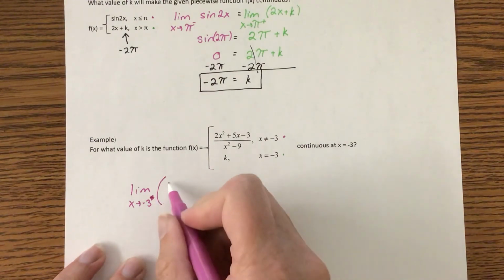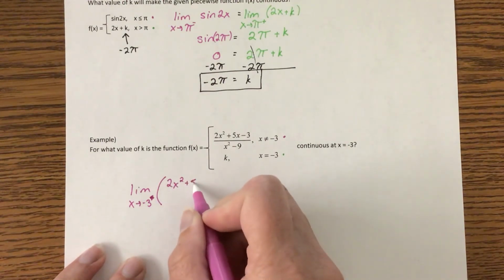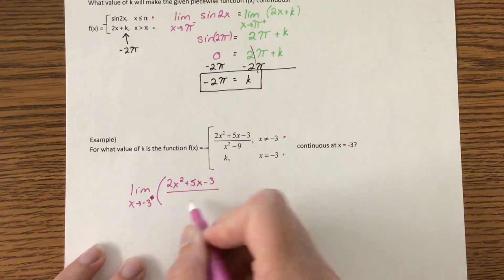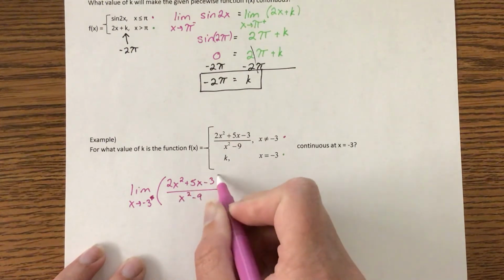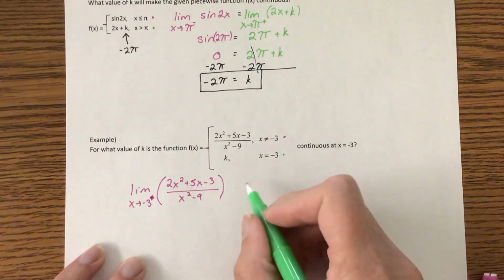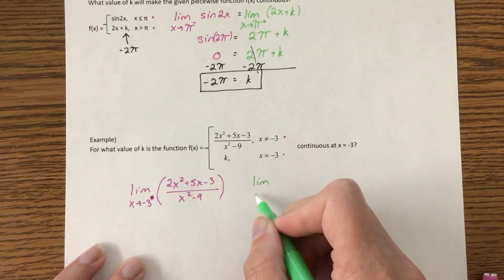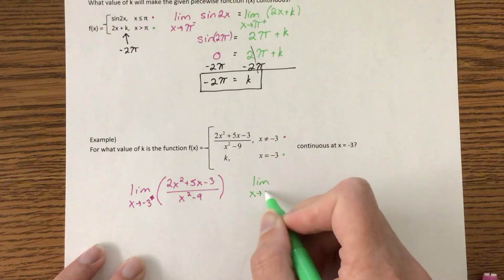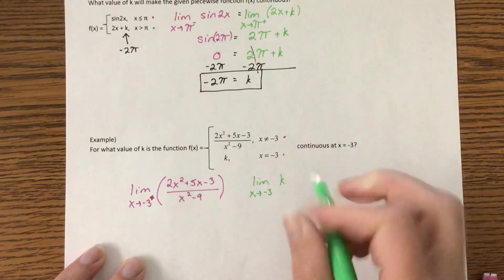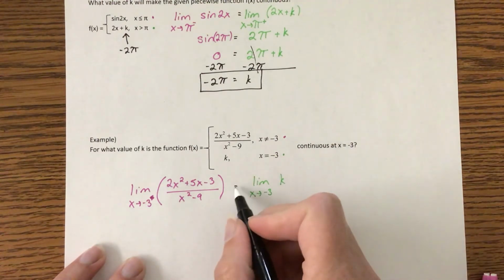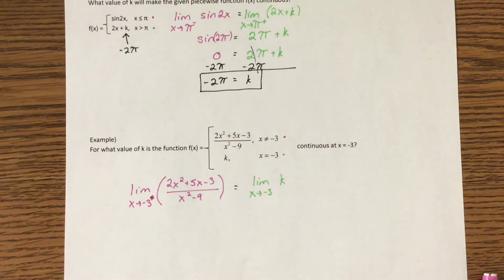Okay, so the limit of 2x squared plus 5x minus 3 over x squared minus 9 is going to equal the limit as x approaches negative 3 of literally just k. Those are going to be your limits.